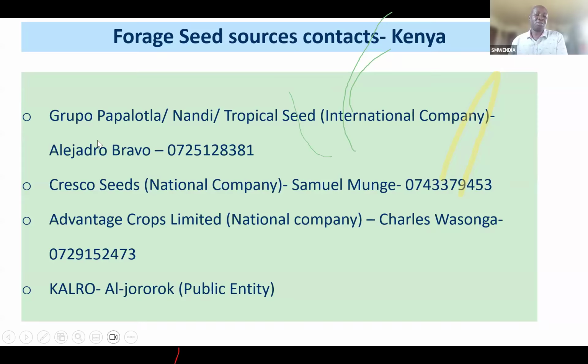And they have an arrangement also with the Global Papalosa, the international one. And also some of the cultivars, like the Basilisk, Piata, MG4, you can also get them from public systems like Caro or Jorok, so that seed availability is somehow getting closed in terms of the challenges.